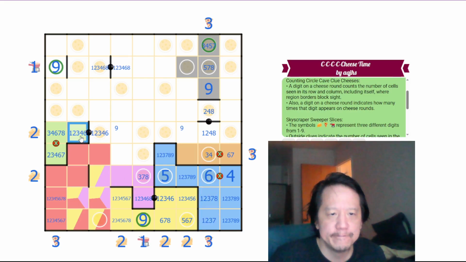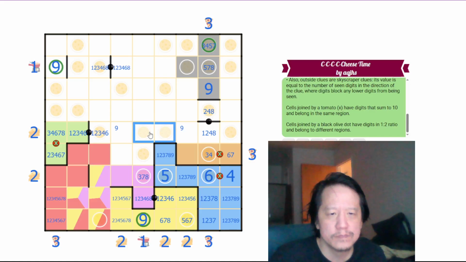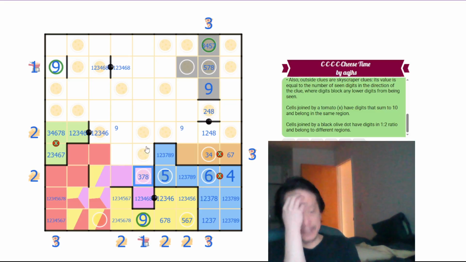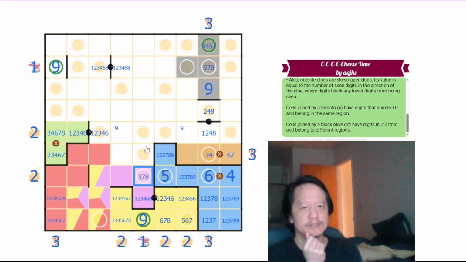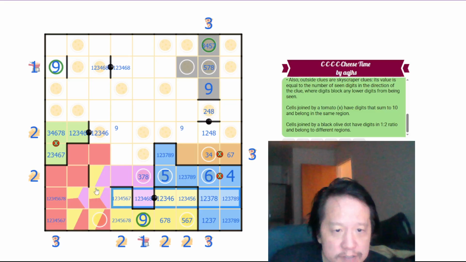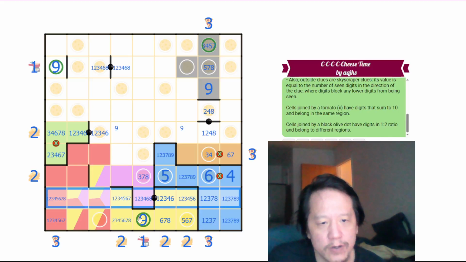Hmm. We're going to have to have 8 eights if we have 8s in pizza circles. Oh, that's going to be difficult. Hmm. Oh wait, we don't have pizza circles or cheese circles in row 8, which means that we would have known 9 couldn't be there.